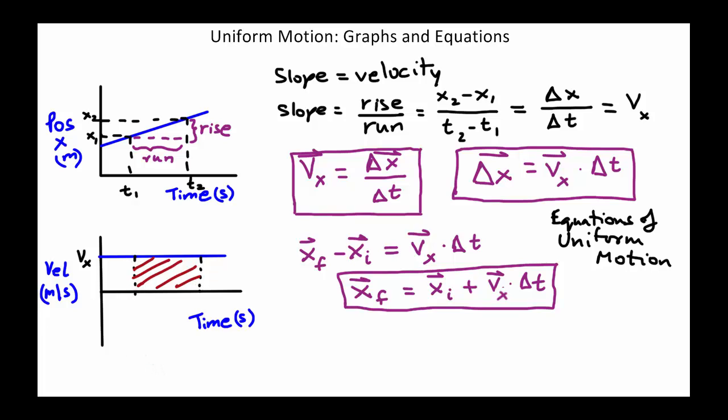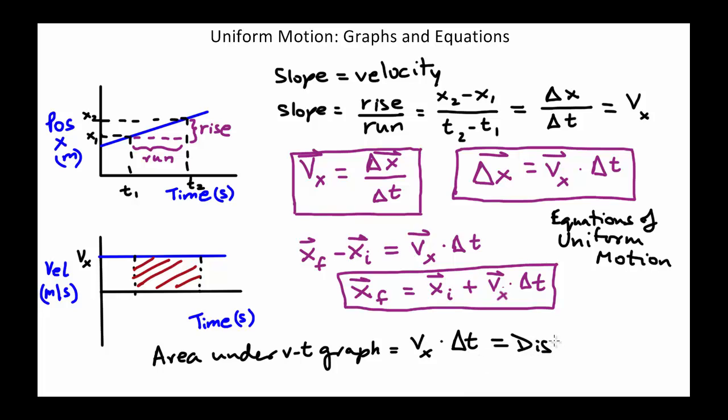So the area under the velocity time graph would be the height, which is Vx, times the base, which as before is t2 minus t1 or delta t. And that Vx times delta t is nothing but the displacement. So this leads us to another key tie-in between equations and graphs: the area under the velocity time graph is simply the displacement.